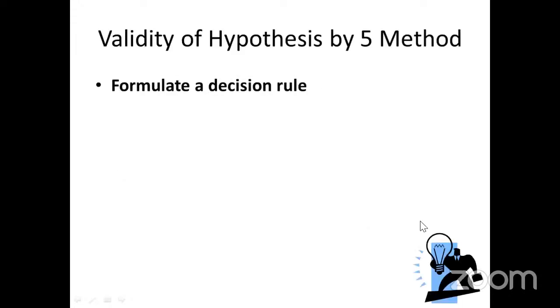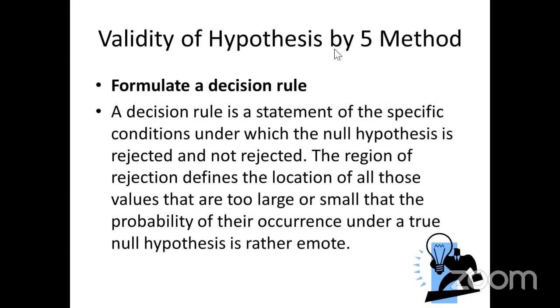The next method is to formulate a decision rule. A decision rule is a statement of the specific condition under which the null hypothesis is rejected and not rejected. The region of rejection defines the location of all those values that are too large or small that the probability of their occurrence under a true null hypothesis is rather remote.